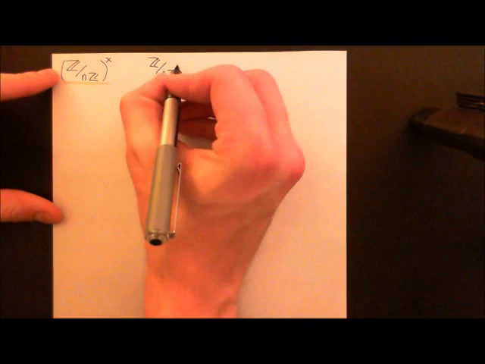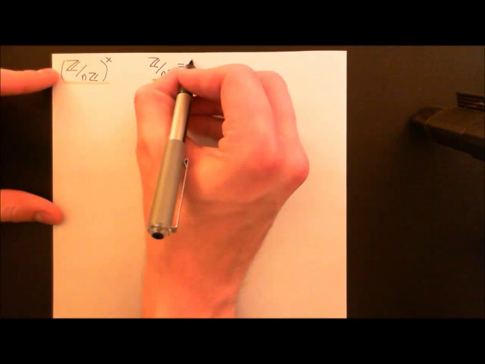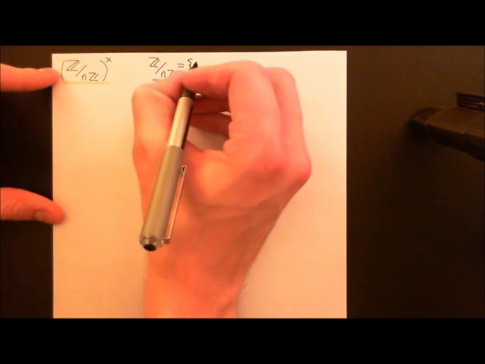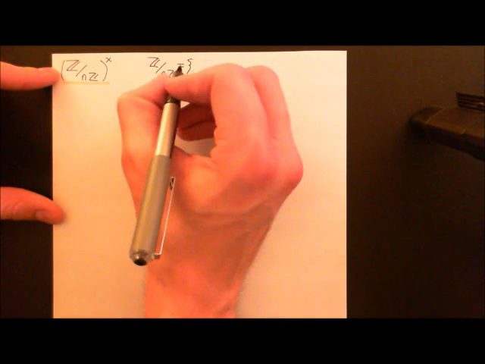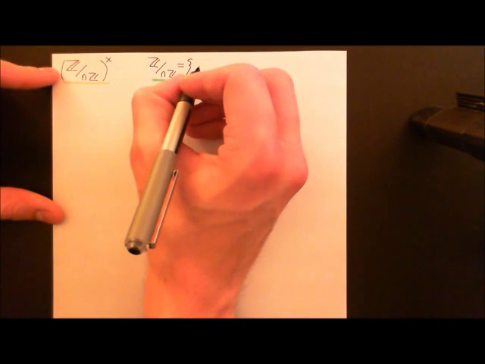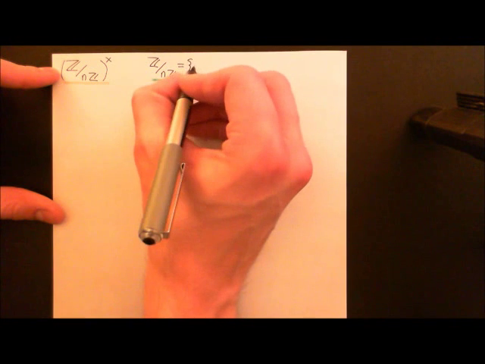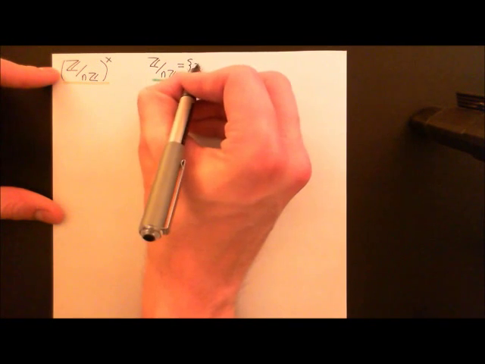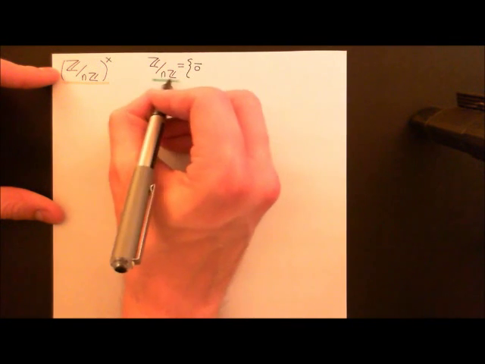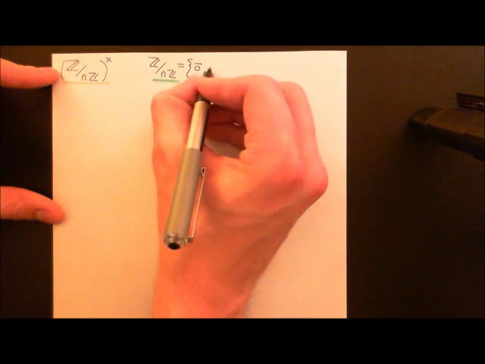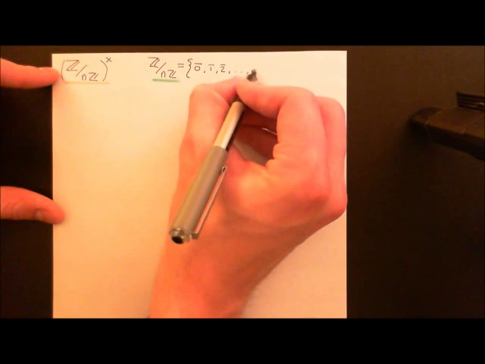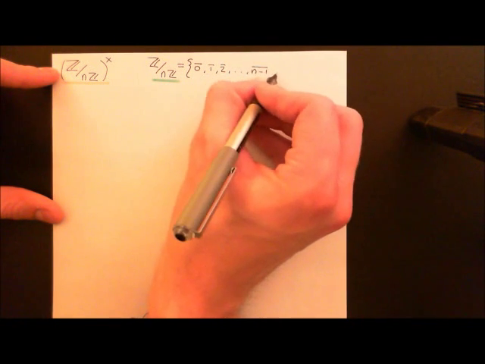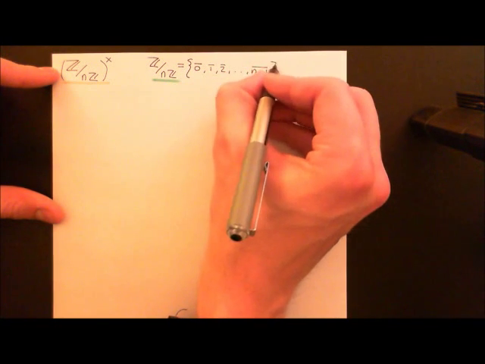You end up with n different cosets, and we normally name these cosets according to a representative from them, usually between 0 and n minus 1. So we usually use 0 bar to represent the principal ideal generated by n itself, 1 bar, 2 bar, and it will go all the way up to n minus 1 bar. You won't want n bar because that's the same as 0 bar.